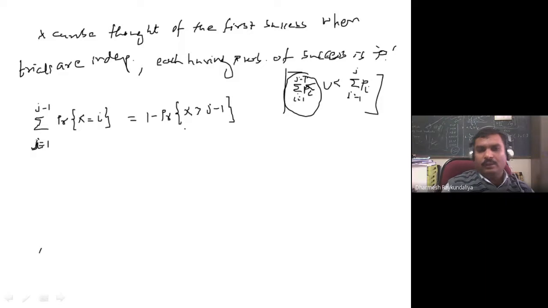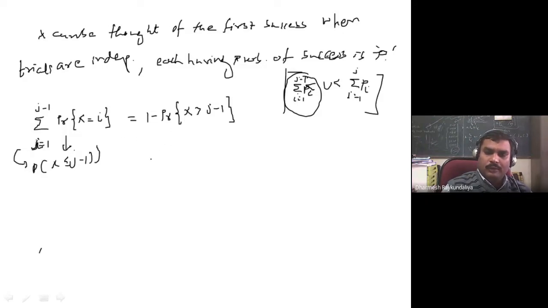So it can be written as 1 minus probability of x greater than j minus 1. इसको हम क्या लिख सकते हैं? It is as good as, can I write it is a probability that x is less than or equal to j minus 1. लिख सकते हैं ना, this quantity. So this is nothing but 1 minus probability of x greater than j minus 1.